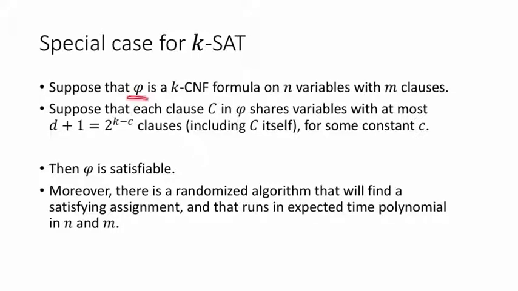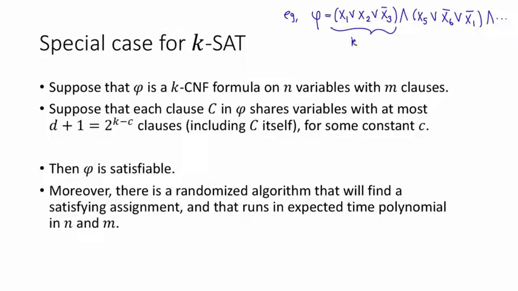Suppose that phi is a KCNF formula on n variables with m clauses. For example, maybe phi looks like this, where there are k literals that show up in every clause, and where our underlying variable set is x1 up through xn, and there are m total clauses.